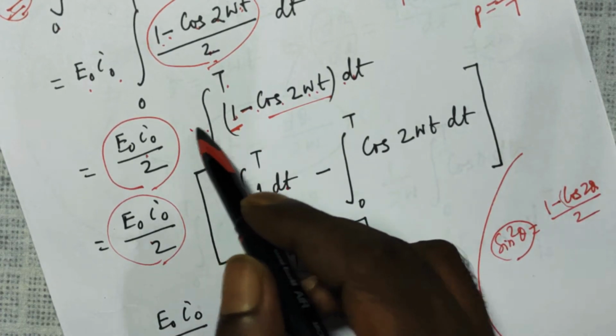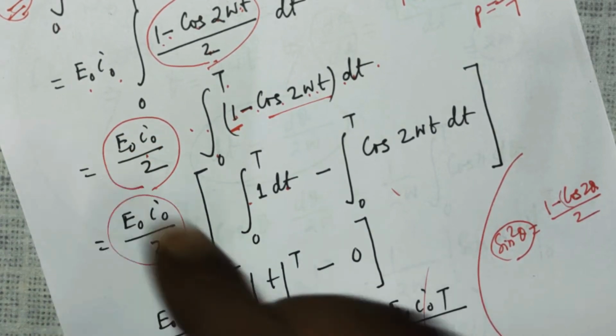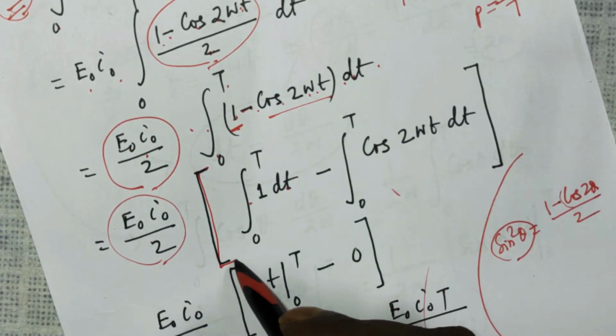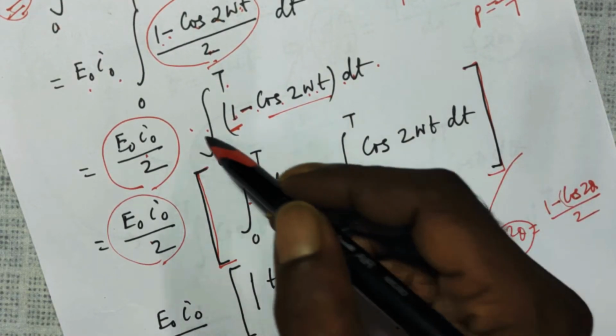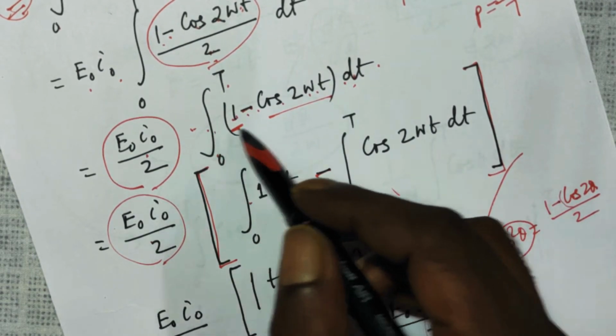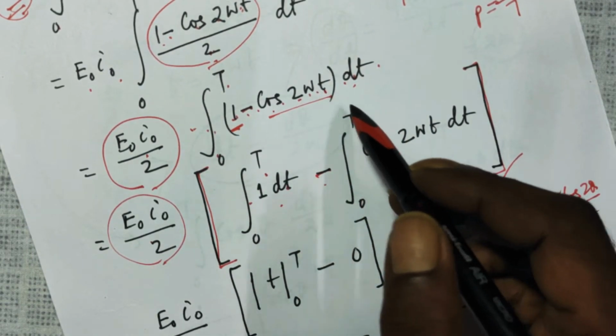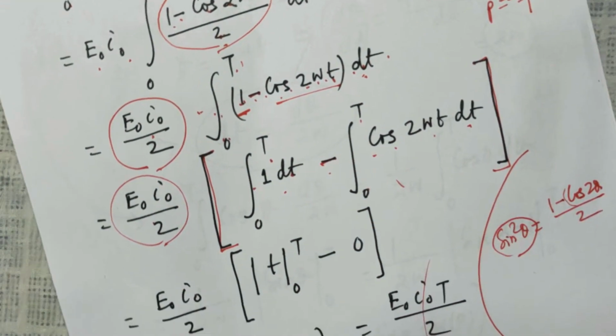Look, this whole thing from here to here is multiplied with this, so you have to be careful. You have to put a bracket here. Mistakes यहीं पे students करते हैं. So, integration of 1 dt from 0 to t minus integration of cos 2 omega t dt from 0 to t.